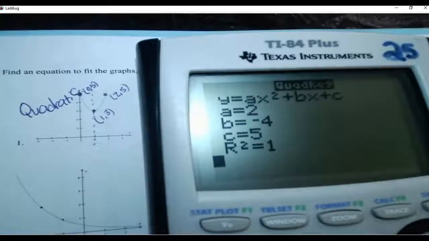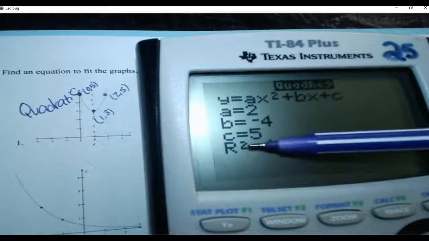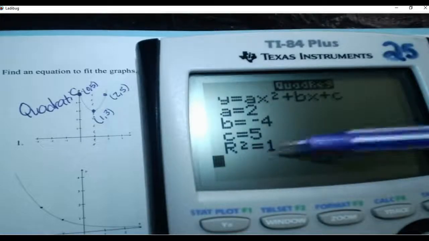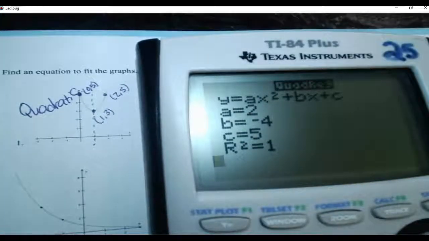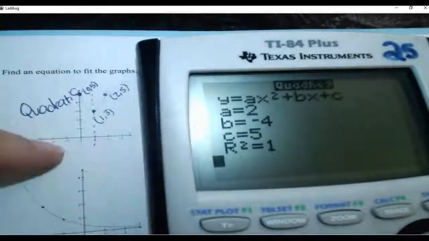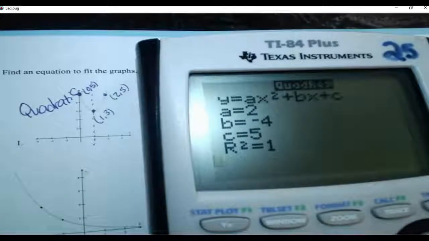So now, hopefully, when you type this in, you got something extra, which is this r squared. Equals 1. So the r squared tells you how well your equation matches your data points. And you want r squared to be as close to 1 as possible. So like in this one, r squared is 1, so that means our equation matches our points perfectly. Okay?